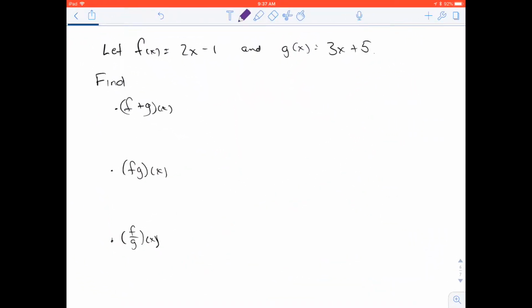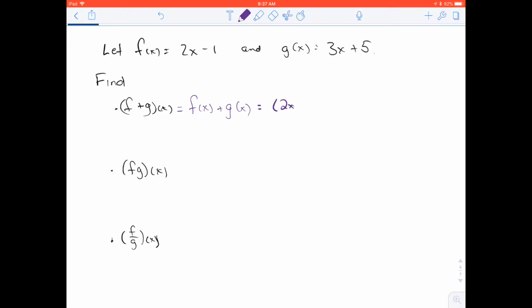All right, let's do an example of the other ways we can combine two functions. So if we let f of x be 2x minus 1, and g of x be 3x plus 5, we want to find these three things. If I want to find f plus g of x, that was just f of x plus g of x. It's the function that results from adding these two together.